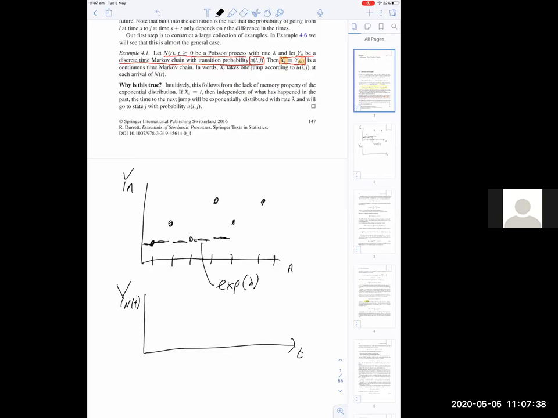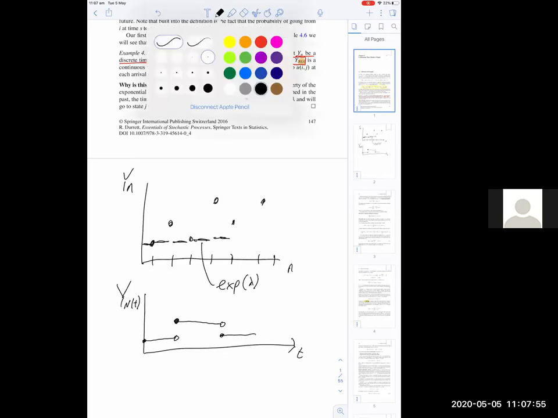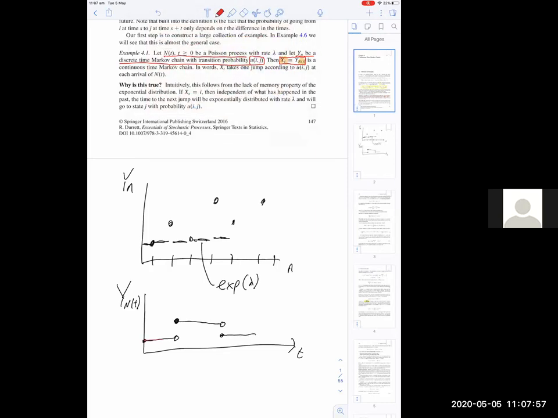So now you'll be at a state up to here, and then you'll make a jump to state 2. Then you'll be at a state up to here, and then you'll make a jump back to state 1. So this interval maps to this interval, and this interval maps to this interval.